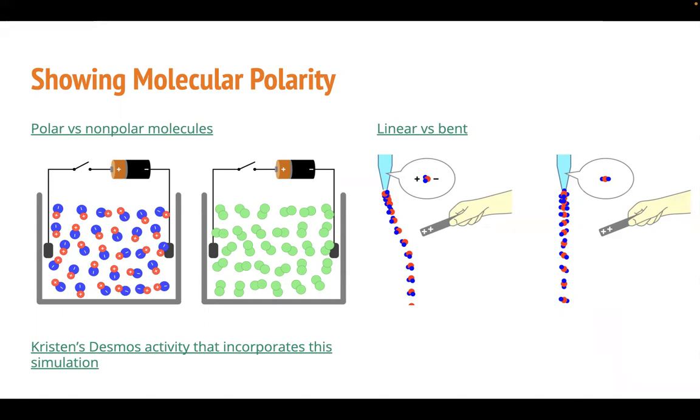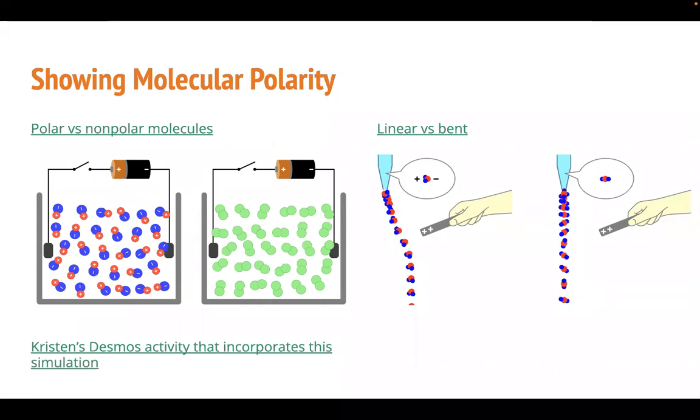So there are two ways that you can actually use this particular simulation. You can definitely use it for molecular polarity, but then you can also possibly use it with intermolecular forces, depending on how those molecules are aligning themselves as they come out of what we're assuming is a burette. So lots of stuff to play with here too.